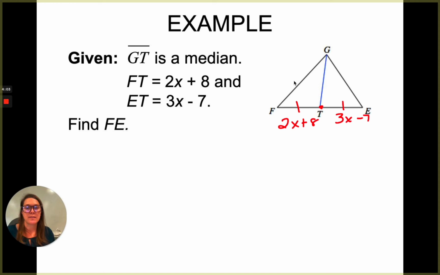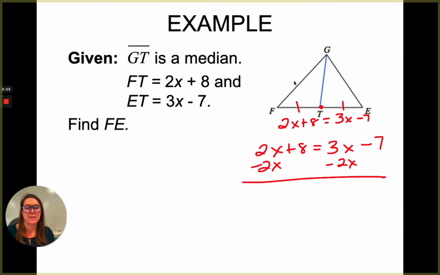Well, I'm going to set them equal to each other because the left equals the right. So 2x plus 8 equals 3x minus 7. Subtract your smaller x over to your larger x. So subtracting 2x from both sides gets us 8 equals x minus 7. Then your last move is to add your 7. So 8 plus 7 is 15. So x is equal to 15.